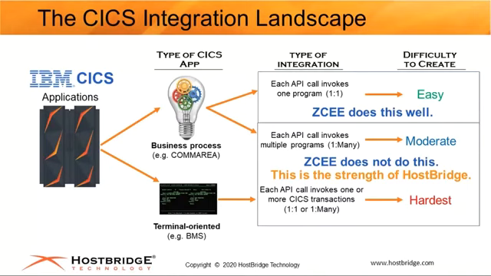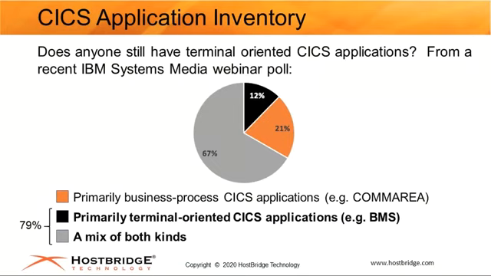But this is the strength of HostBridge, and this is what has formed the value proposition within our customer base of our customers using ZCEE as an API transformation layer and then using HostBridge as the API implementation layer.